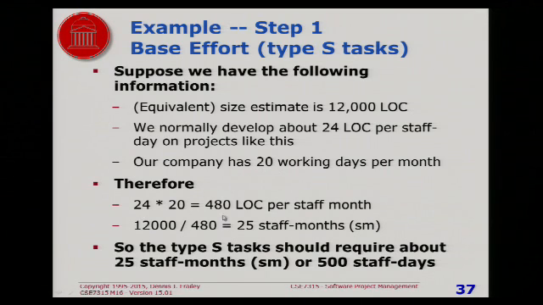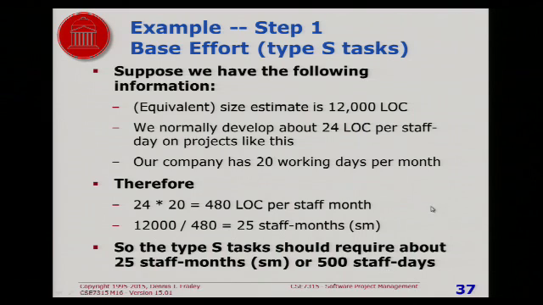So I multiply it all out, I get 480 lines of code per staff month, divide that into 12,000, and we get 25 staff months for the strict software development. That's the first step. So the software development tasks take 25 staff months, and with 20 working days per month, that's 500 staff days.